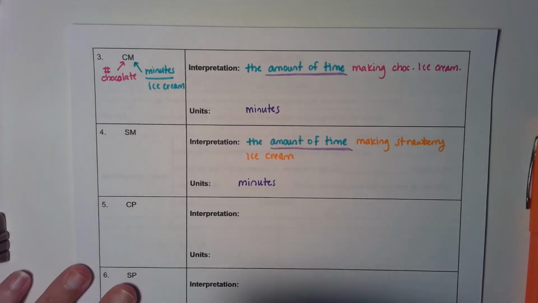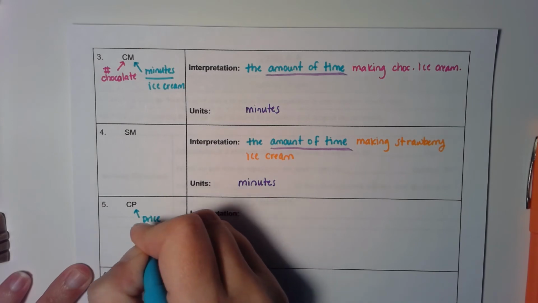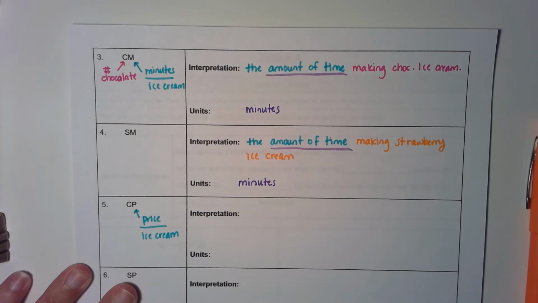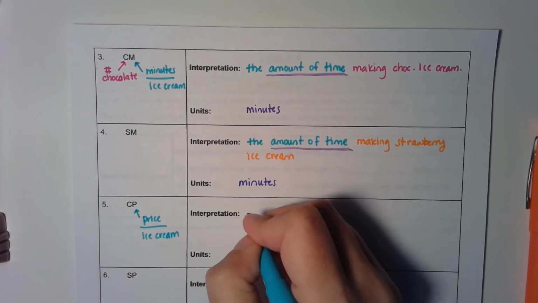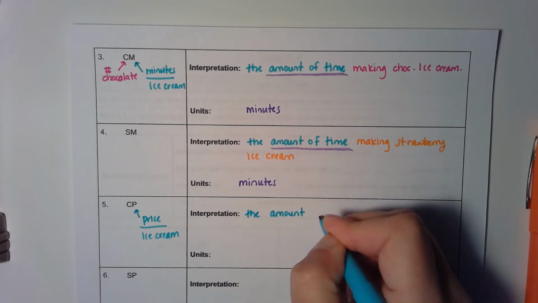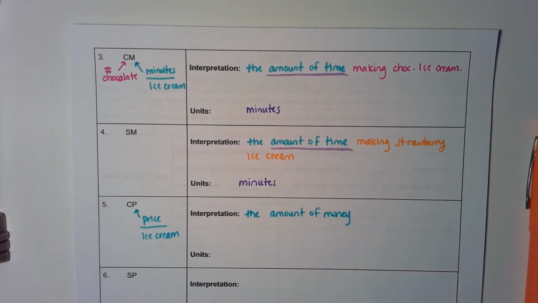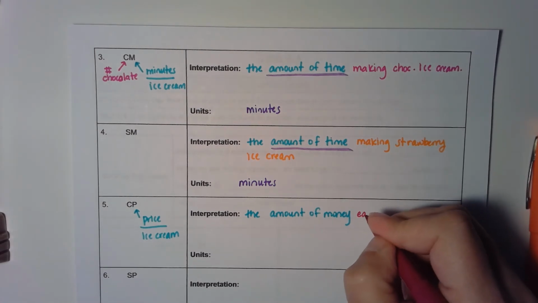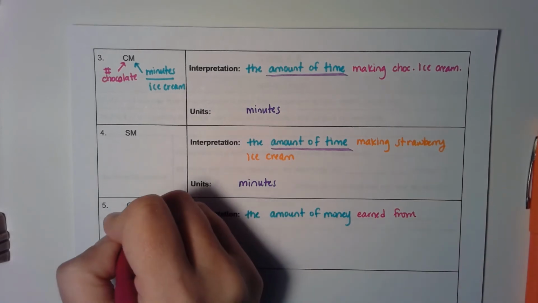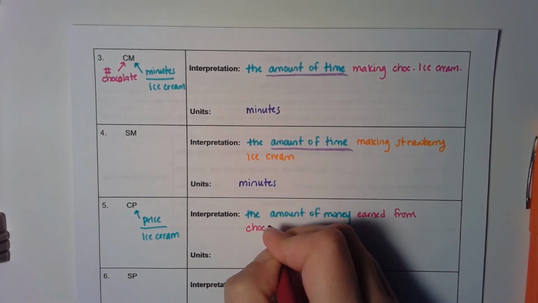So we would say, because P is for price per ice cream, we would say the amount of money earned from, in this case, C is for chocolate, so we would say from chocolate ice cream.